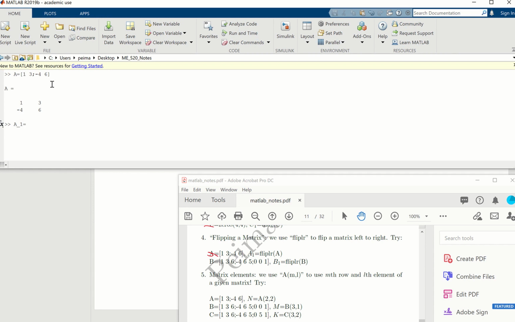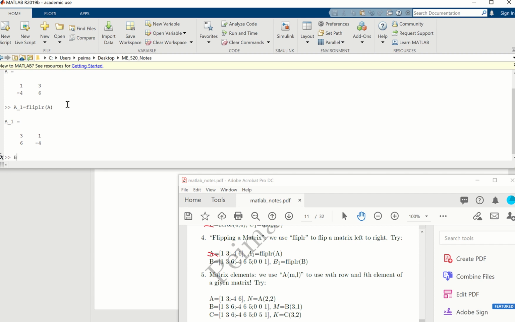If I say A1 is fliplr of A, you're going to see this 3 goes here, 1 goes there, 6 goes here, minus 4 goes there. So you are flipping from left to right. This 1 goes here, minus 4 goes here. Left to right. That's right. Understand?